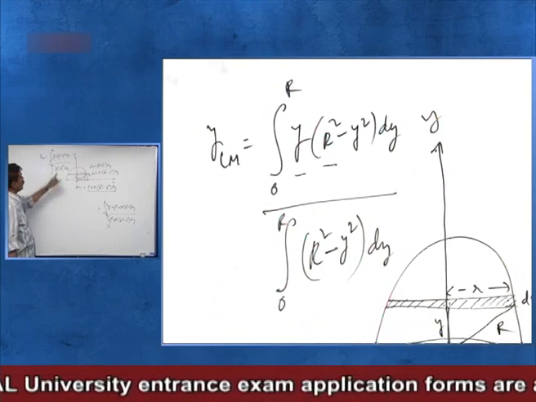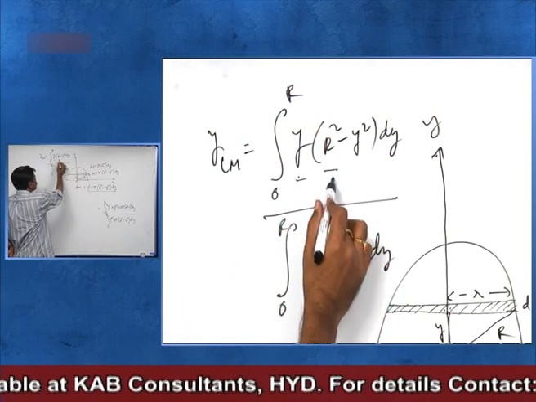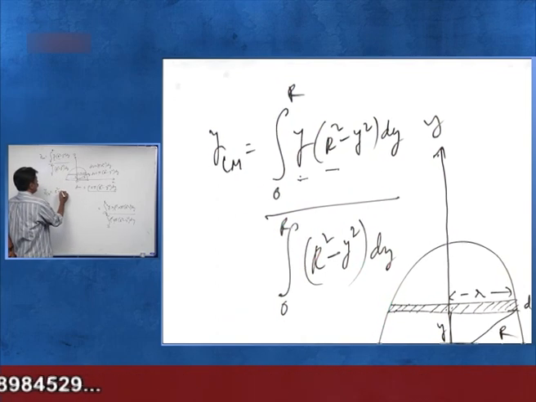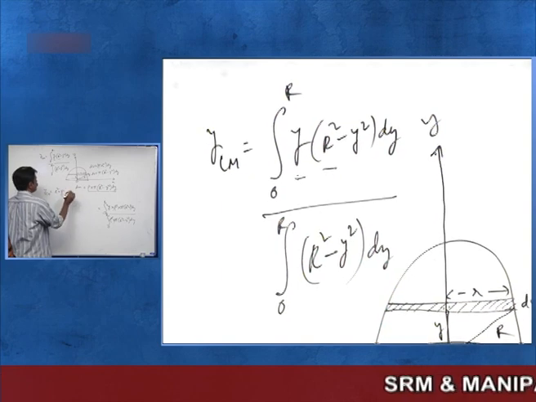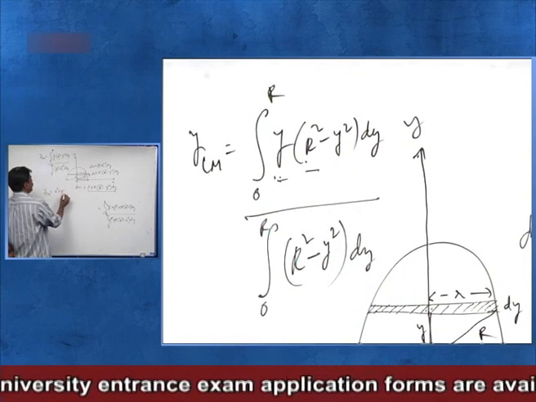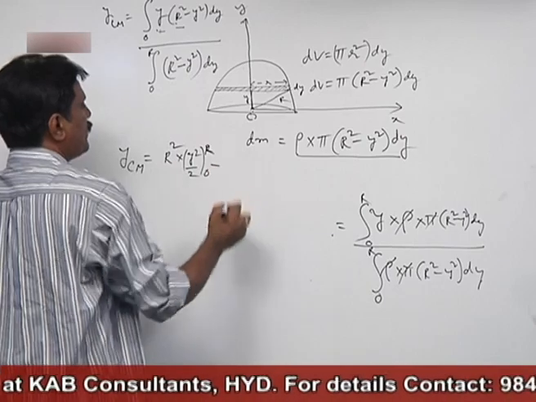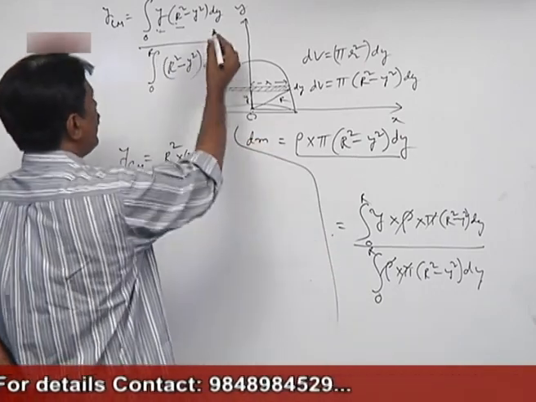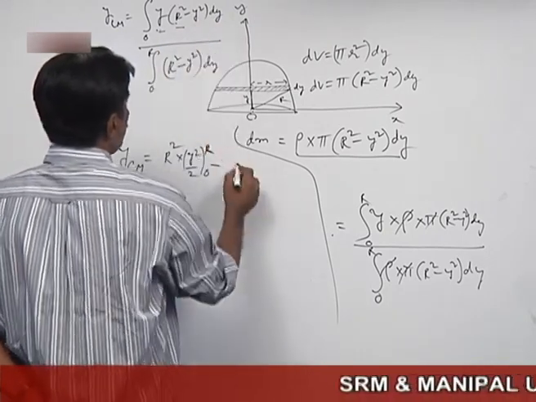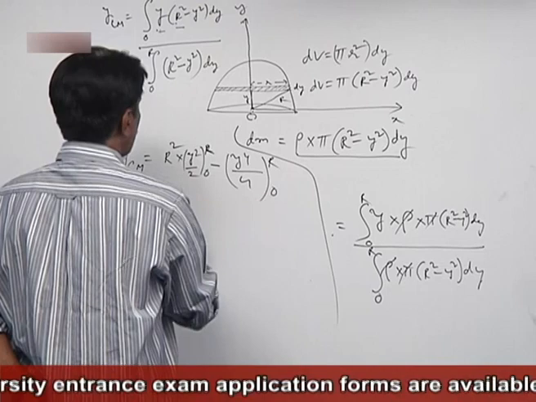The integral of r square y dy is r square into y square by 2, limits 0 to r, minus the integral of y cube dy, which is y power 4 by 4, limits 0 to r.